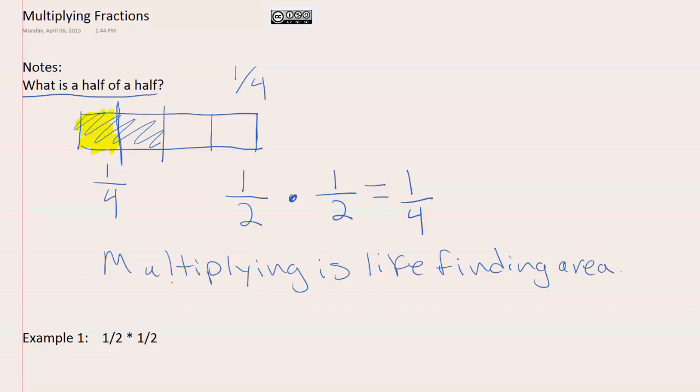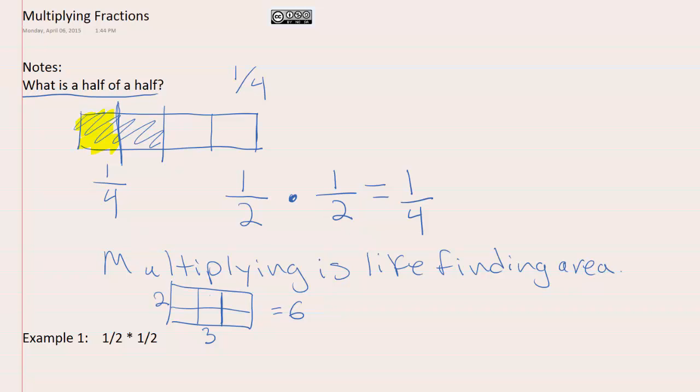So the idea here is that if I had some rectangle that was 2 squares tall, and it was 3 squares wide, then I would have 1, 2, 3, 4, 5, 6 little squares in here. And that would be the same thing as 2 times 3 equals 6.